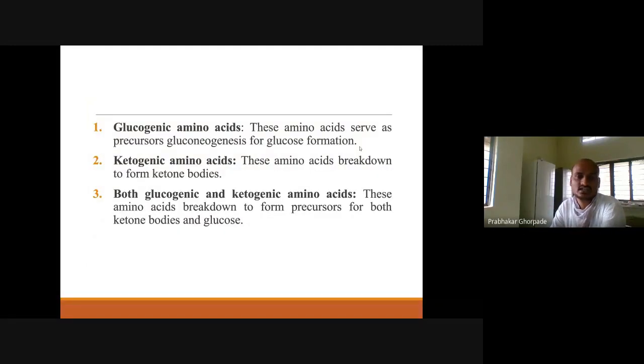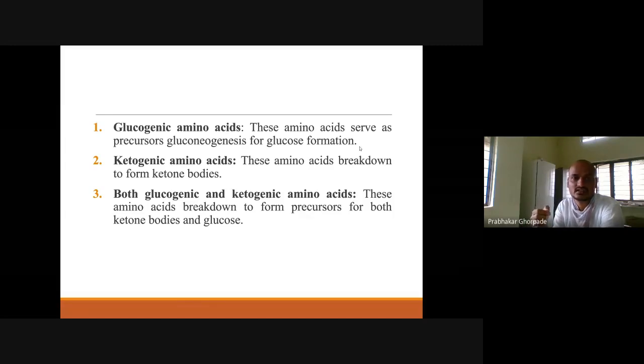Glucogenic amino acids serve as precursors of gluconeogenesis for glucose formation. How do glucogenic amino acids undergo glucose formation? Next semester, in the unit 2 test, you will study gluconeogenesis, right? If your body has a low glucose level, in that case amino acids can act as precursors in the gluconeogenesis pathway.